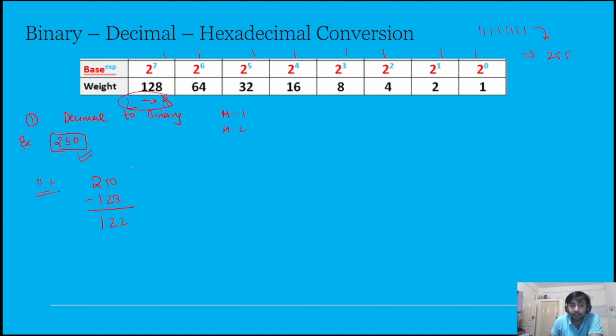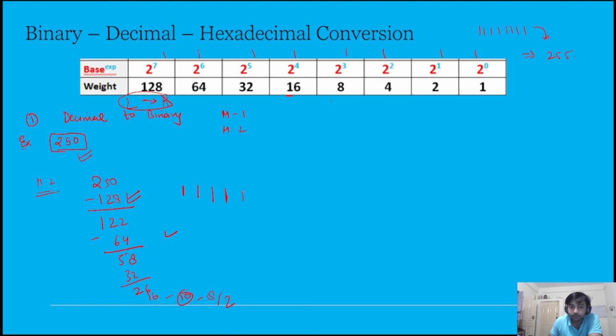So we have successfully filled this, so we will write it as 1. Now 122 minus 64 is 58. This is also filled, so 1. 58, 32, again we can fill, so again 1. 26 minus 16 will be 10. Again we have filled. 10 minus 8.